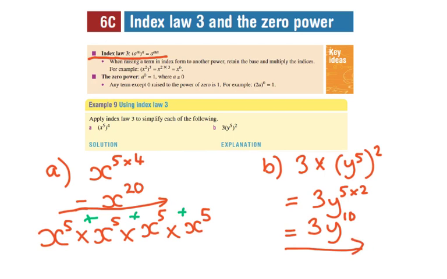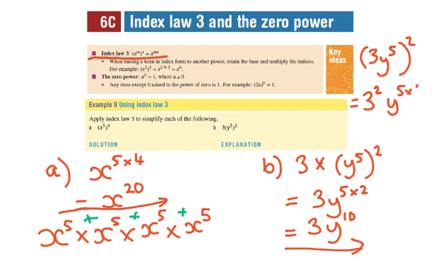However, let's add in a question just to show you if I had put the 3 inside of the bracket. So if I had put the 3 inside of the bracket, and then we still had the indice of 2, the squaring on the outside of the bracket, this now means it includes the 3. So everything inside of that bracket will get that square.